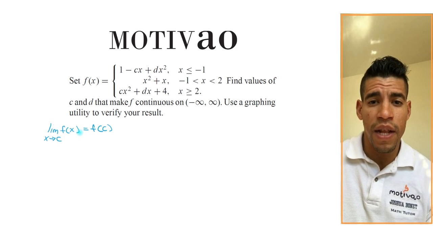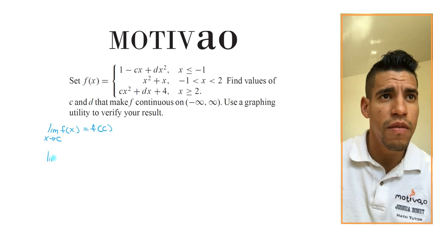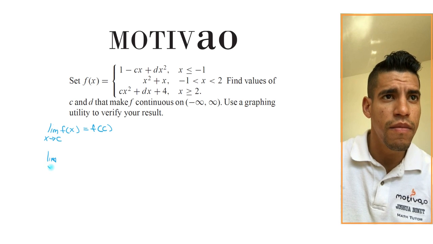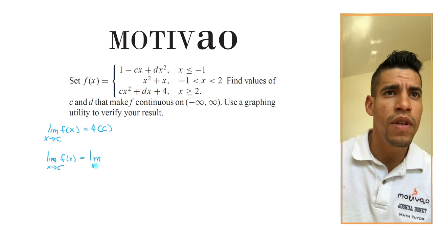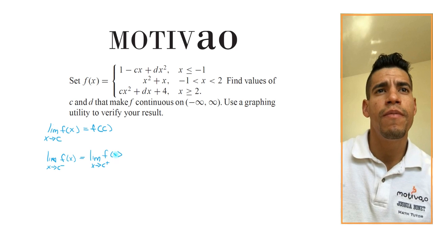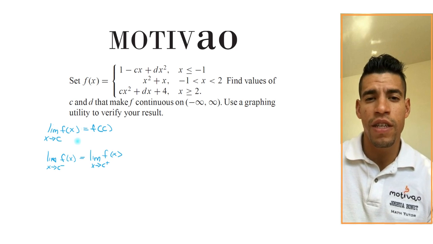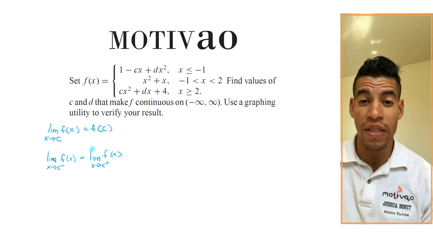So the existence of the limit is that the limit from the left of f of x is equal to the limit from the right of c, right? So in other words, all of these conditions must be satisfied in order for the function to be continuous at the point c.